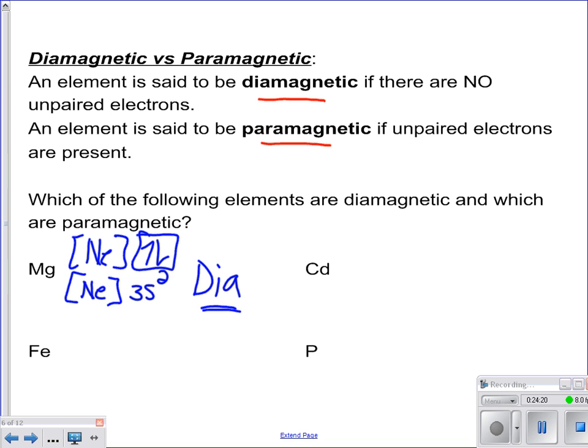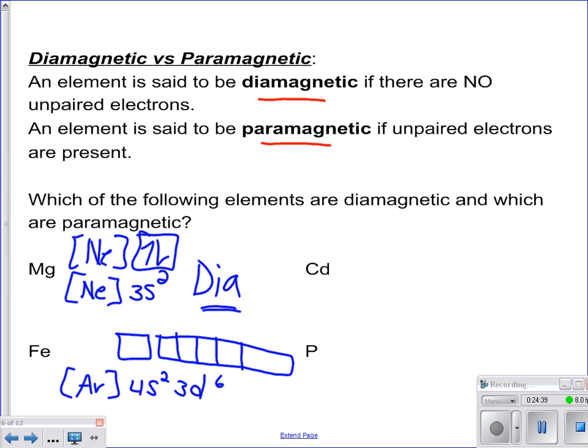If we were to go to iron, we would see that it's argon, and then after argon, we went to 4s2, and then 3d6. So for this one, we've got up, down for your 4s, and then for your 3d, up, up, up, up, up, down.